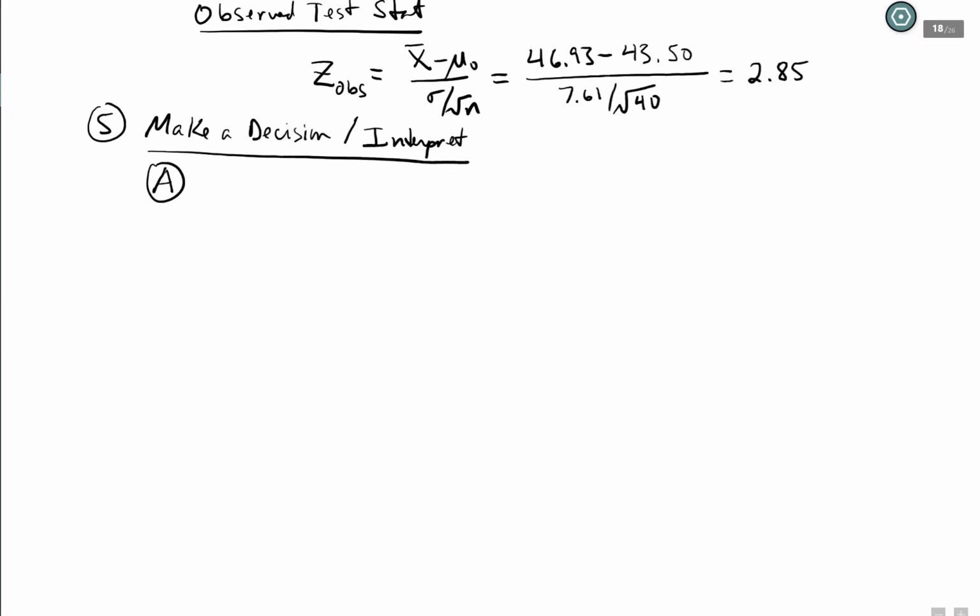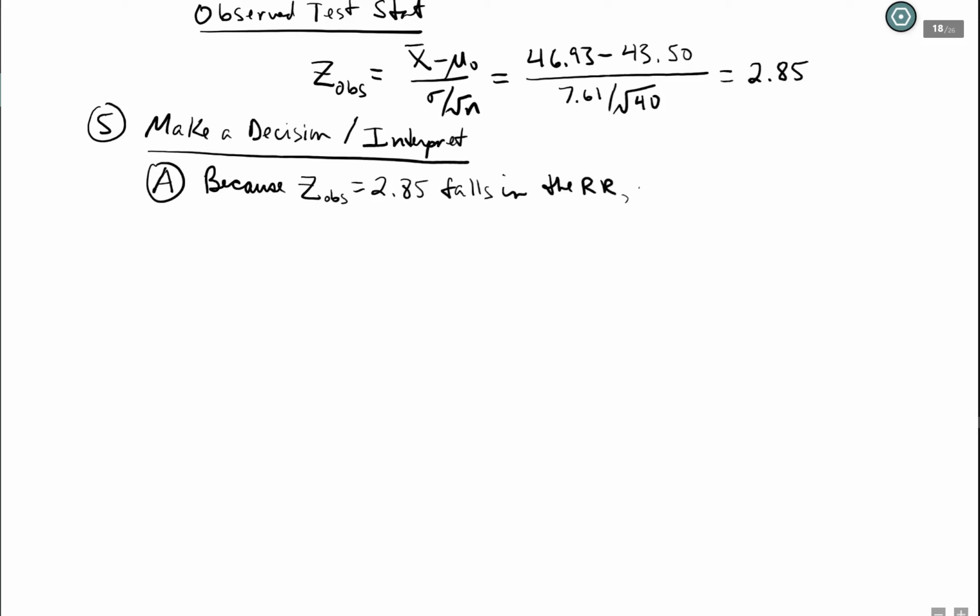So because our observed test statistic, which is 2.85, falls in the rejection region, we reject H naught and accept H1.